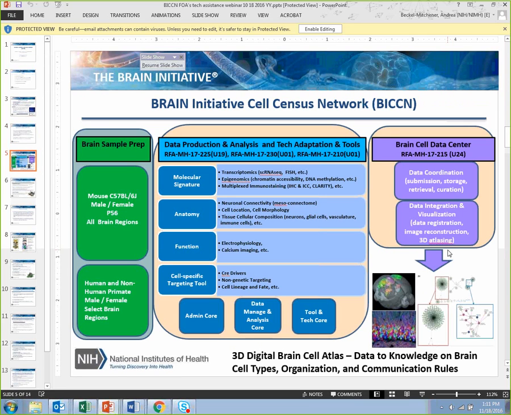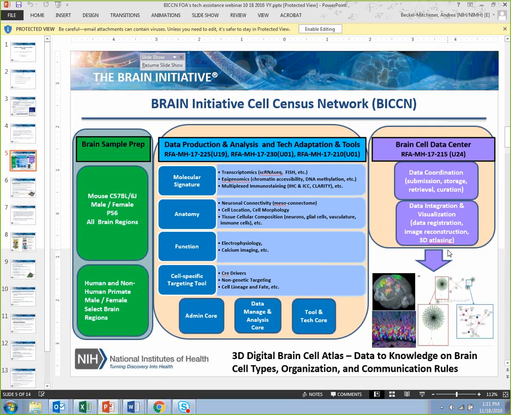So the BICCN will be composed of a group of U19 and U01 data generation centers and collaboratories, and the U24 Center for data coordination, integration, visualization, and dissemination.